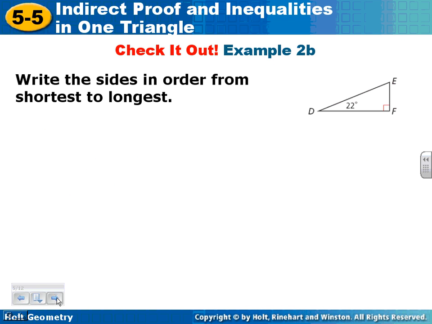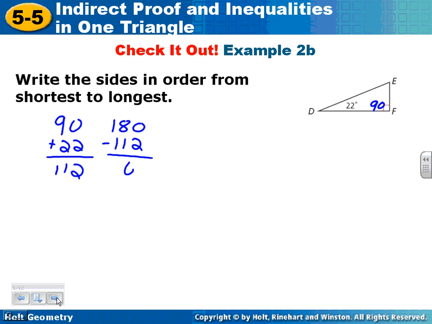Keep going. Same thing here, but if you look at the triangle, I'm missing angle E. So I see this is a right angle, I can put a 90 in right there. Well, 90 plus 22 is 112. And I want to subtract that from 180 to give me 68. So this angle is 68. So now what's my shortest side?